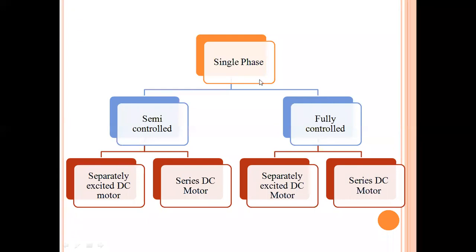Fourth one is single phase fully controlled series DC motor. So we are giving single phase supply to the semi controlled converter for controlling the separately excited DC motor and for controlling the series excited DC motor. Similar way, we are giving the single phase supply to fully controlled converter for regulating the separately excited DC motor, for regulating the series excited DC motor. So all the possibilities are there.